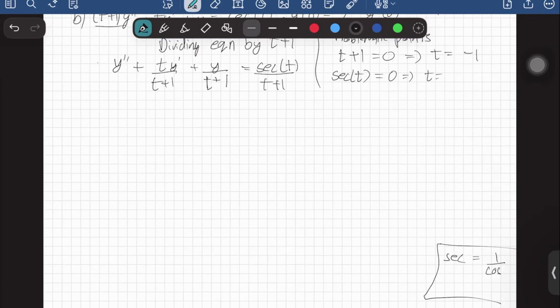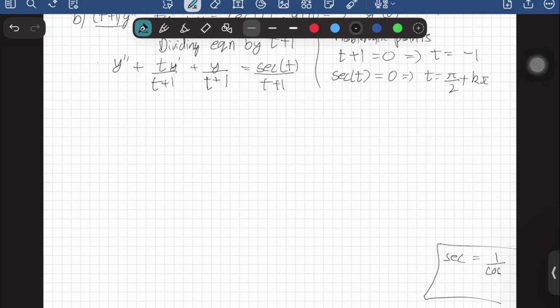We do not want our sec to be undefined. So sec at pi by 2 is undefined, and so is any value increasing from pi by 2 by multiples of pi. We do not want these values.